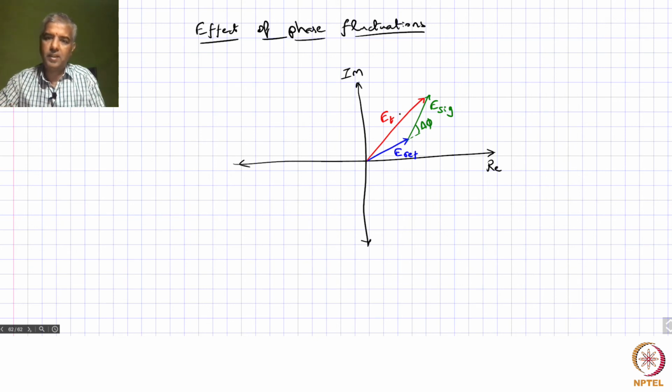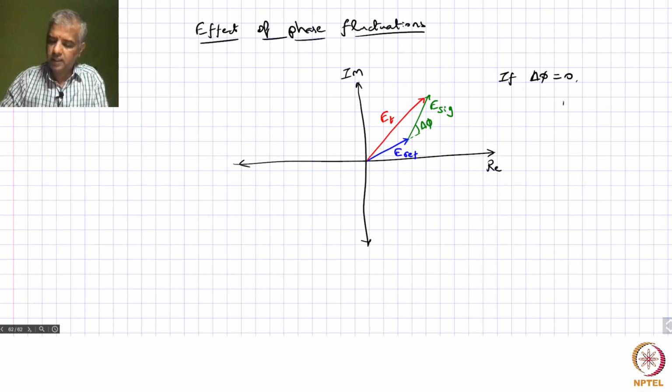If we have a situation like this, then it is not too difficult to figure out the relative phase. If delta phi equals 0, then they line up along the same direction, so Et equals E ref plus E sig.